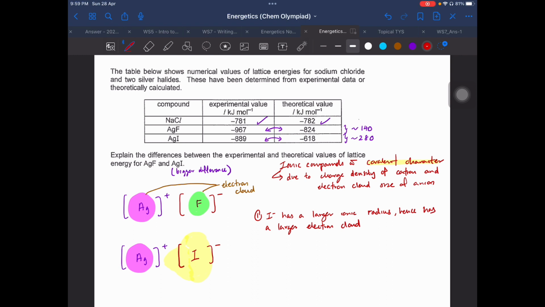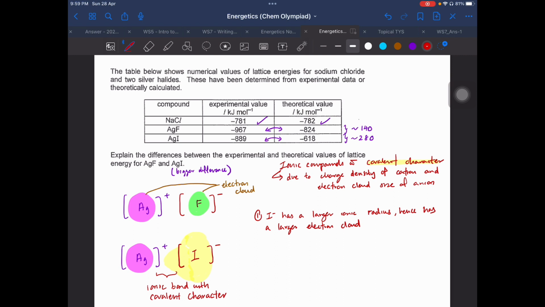And as a result, your iodide ion will have this kind of distorted electron cloud, and this is what we call an ionic bond with covalent character. Covalent character because it looks like the electrons are being shared, right? It's coming closer towards the silver ion to the extent that it's almost at the silver ion side.